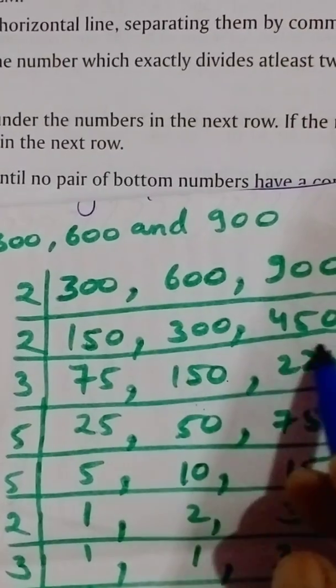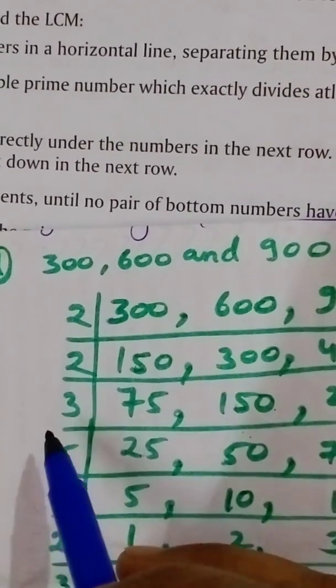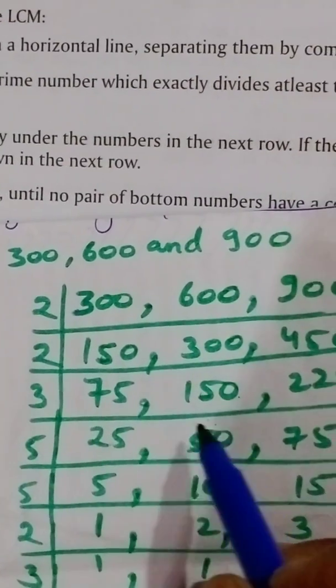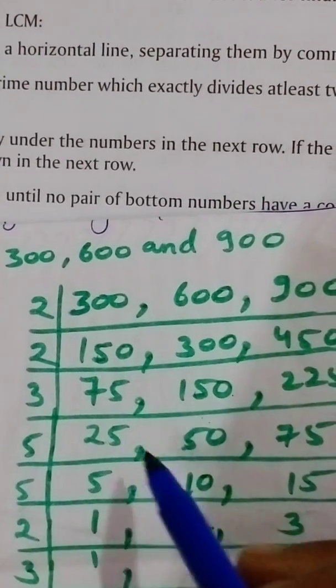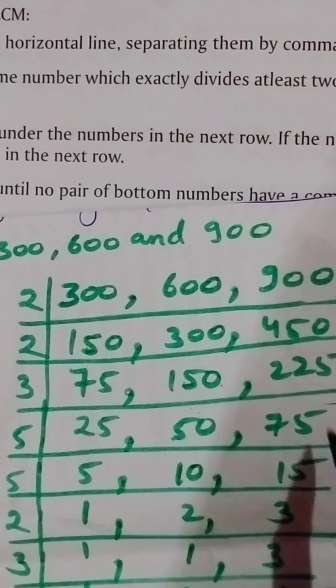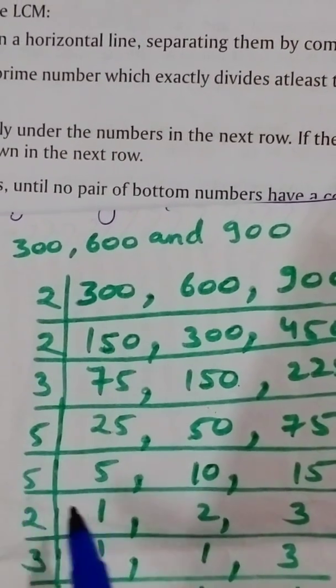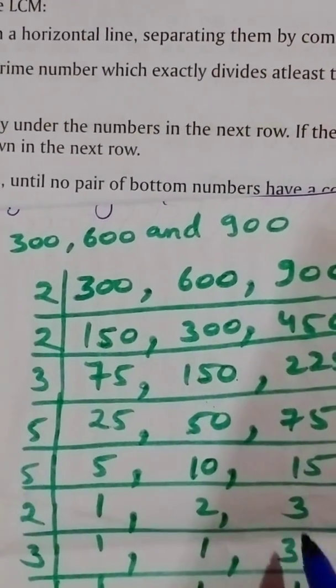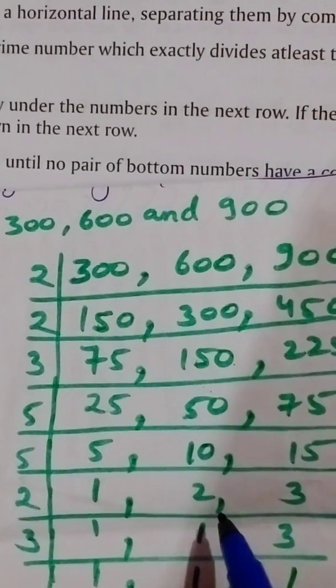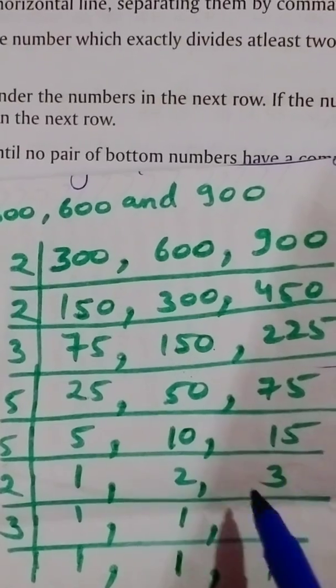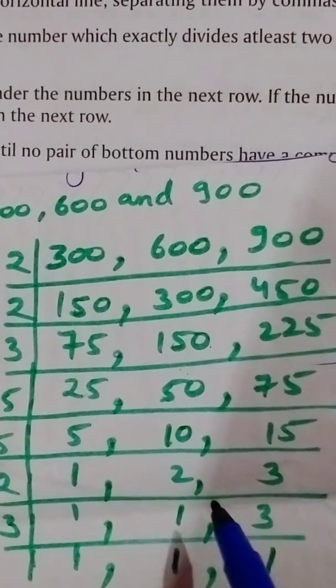Write its quotient here. Now divide by 3. Write its quotient here. Now 5 2s are 10, 5 10s are 50, 5 15s are 75. Now again 5 1s are 5, 5 2s are 10, 5 3s are 15. Here you have seen 2 goes one time. It does not go, so keep it the same.